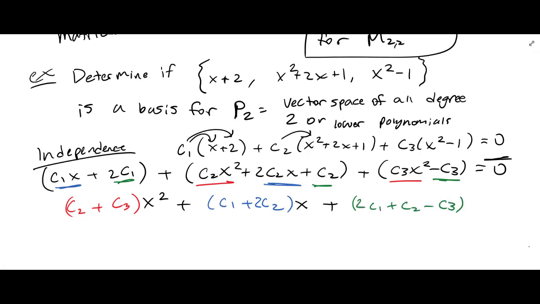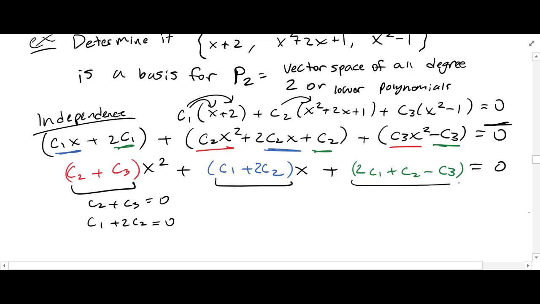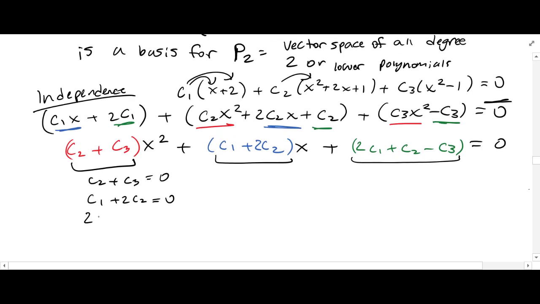So in order for this polynomial to be equal to 0, all the coefficients have to be 0. That means c2 plus c3 has to be 0, and c1 plus 2c2 has to be 0, and 2c1 plus c2 minus c3 is 0. So we get, again, just a system of linear equations. And so we can write it as a matrix.